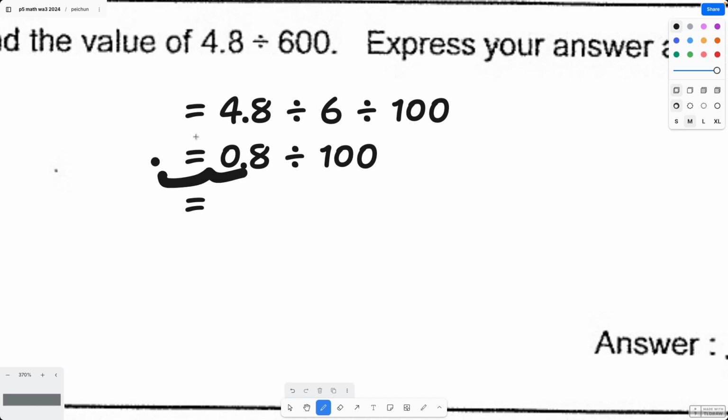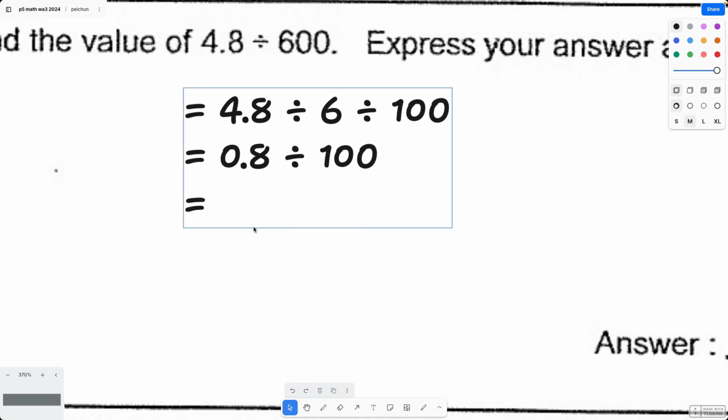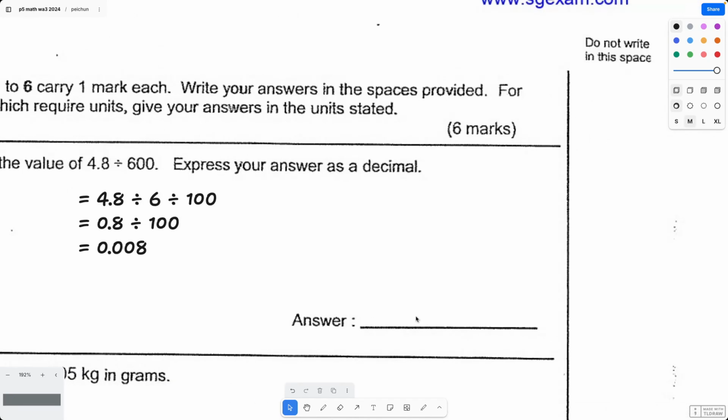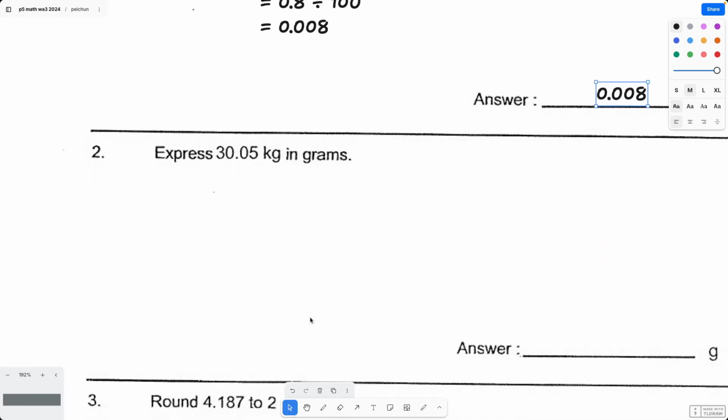So the decimal place will be here, and the answer is 0.008. That's the answer to this question, 0.008. All right, let's move on to the next question.